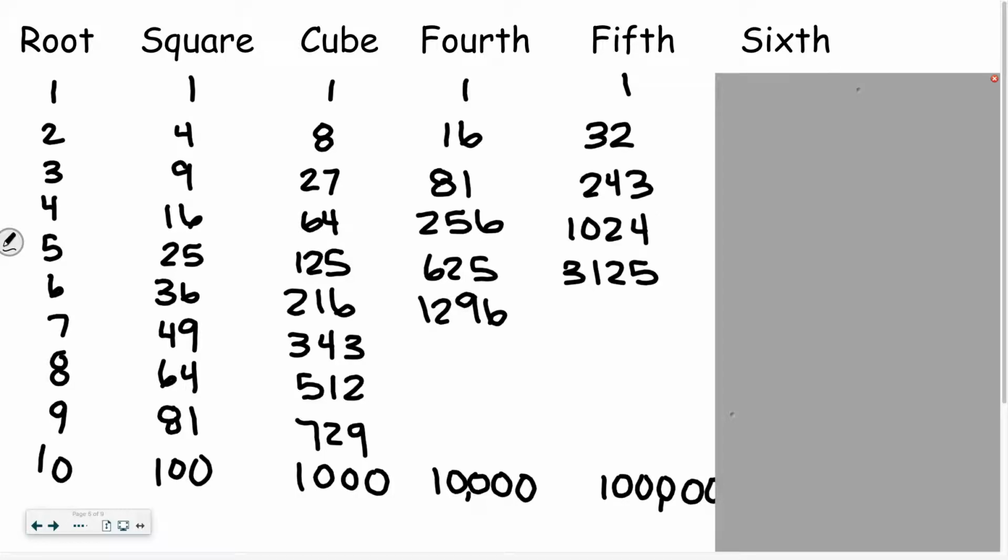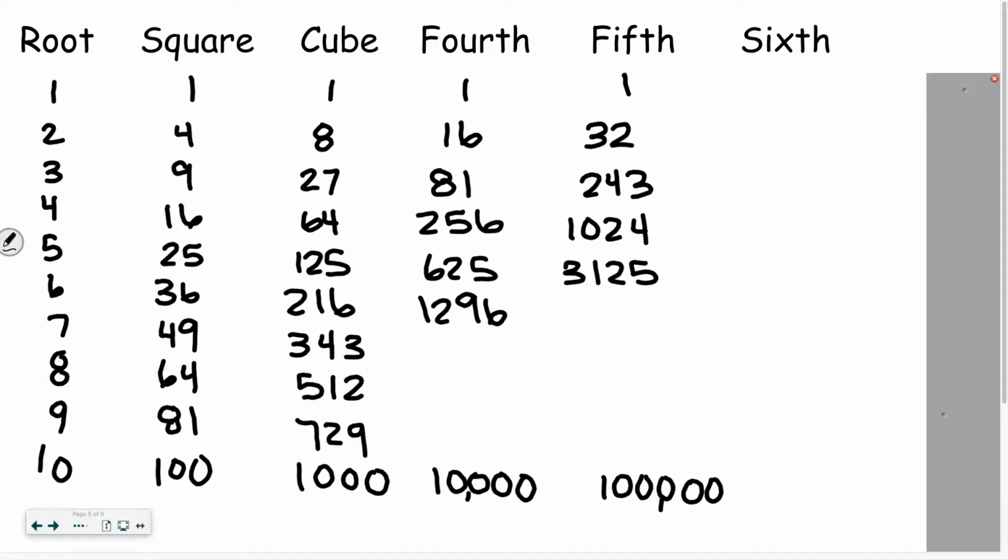Okay, and then I'm going to do some perfect sixths. That's going to be 1, 64. Is this 729, I think? Yeah, it would be. I don't know any of the other ones, so I'm going to jump down to 1 million.